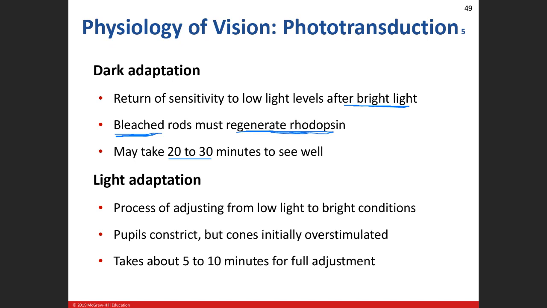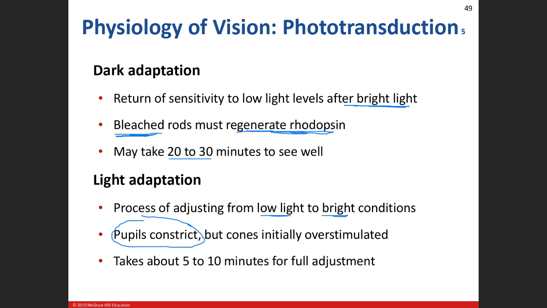Now, with the light adaptation, you're going to see some other processes occurring. When we go from a low light scenario into bright light conditions, what's the first thing you see? Pupil constriction. What constricts the pupil? The parasympathetic nervous system. The constrictor muscle causes the pupil to decrease in size, letting less light in.